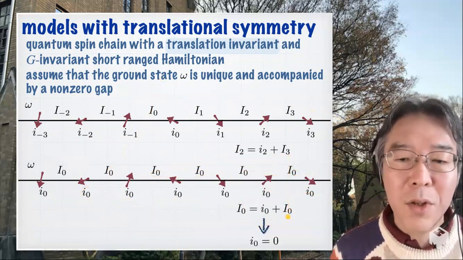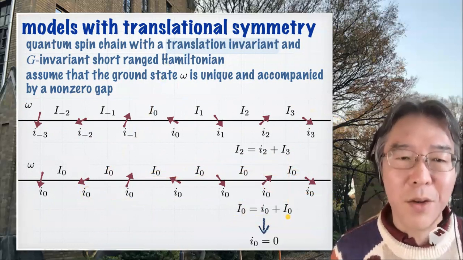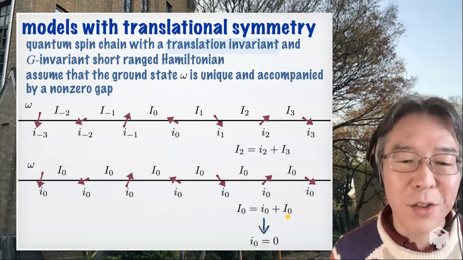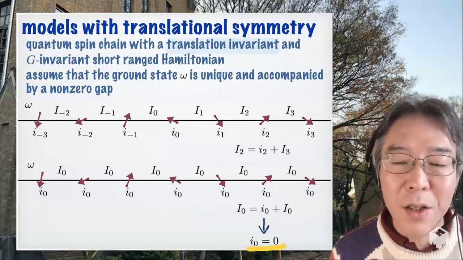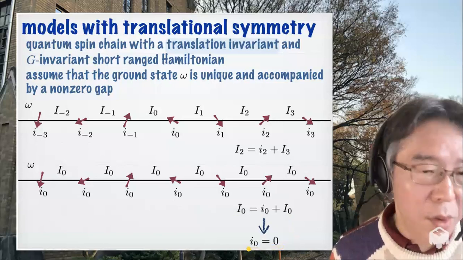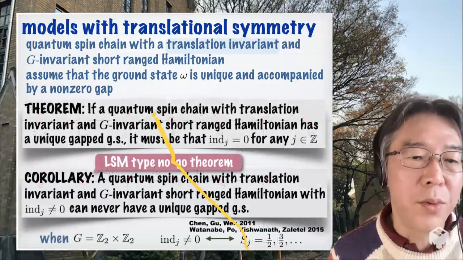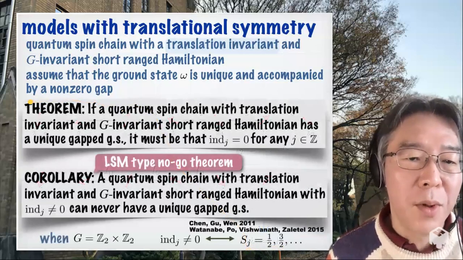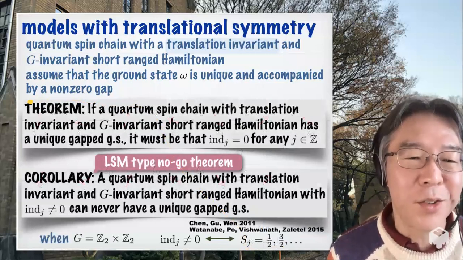Now you can solve this equation very easily. This is junior high school mathematics, and you find that this i_0, the spin index, must be 0. What did we find? What did we prove? We proved this theorem by using this junior high school mathematics.